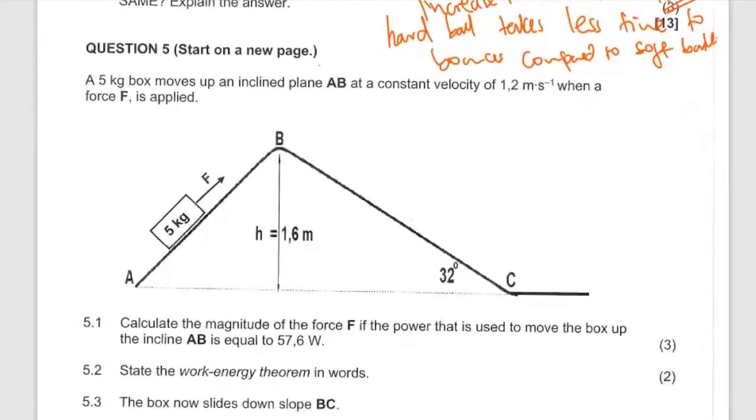Question number 5. The 5 kg body or box moves up at a constant velocity under the force F applied. We want to calculate the magnitude of the force F if the power that is used to move up the box is this. So we know that the average power is equal to the force applied times the velocity.